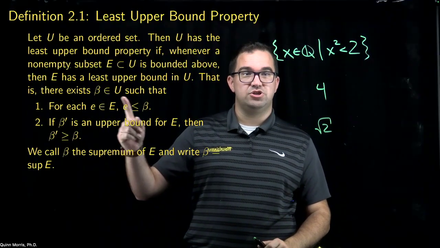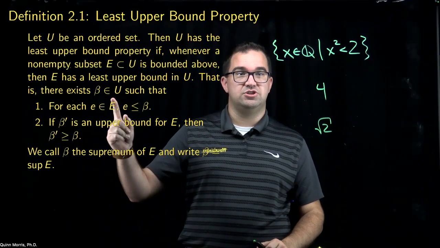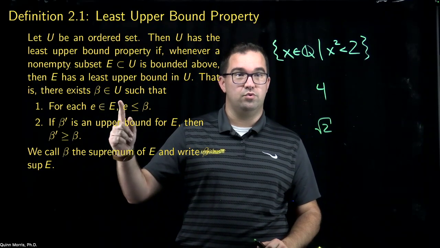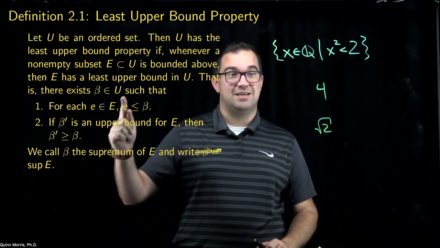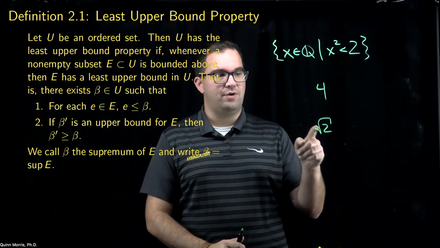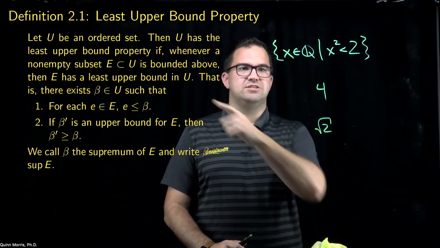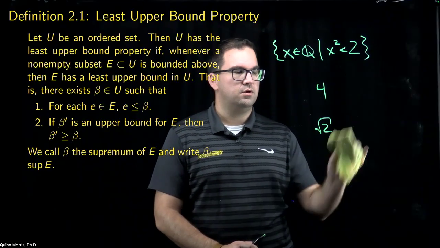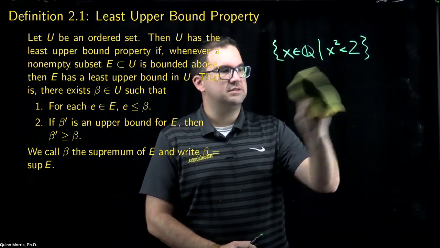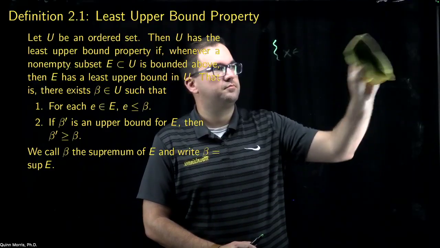And notice that the condition here is that the upper bound of each set needs to be in U. In this case, it would need to be in the set of rational numbers. So the problem you have here is that the thing that naturally should be the least upper bound is not actually in your set Q. And so that's what causes the issue here.